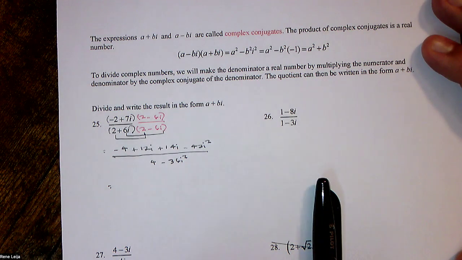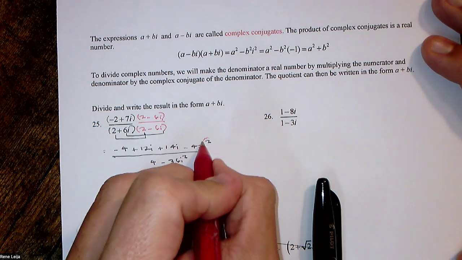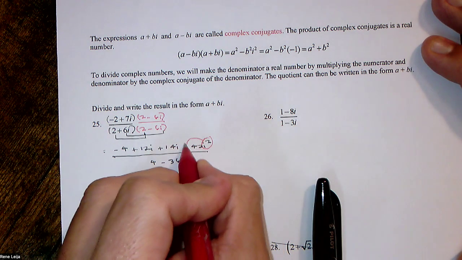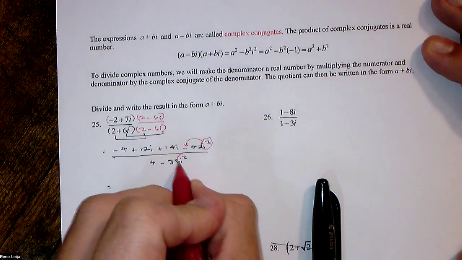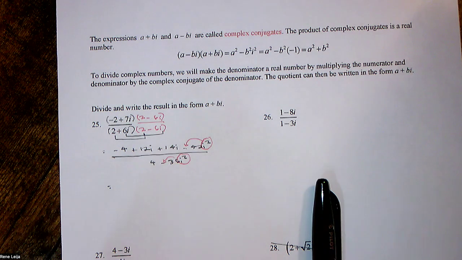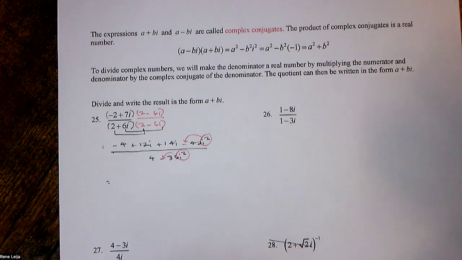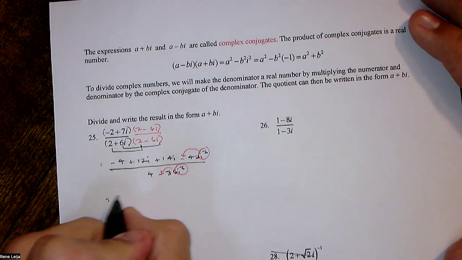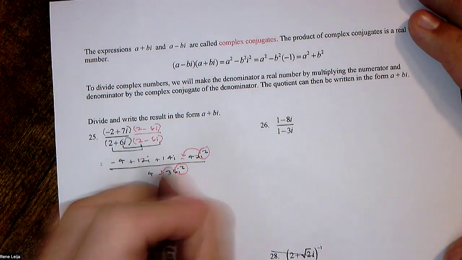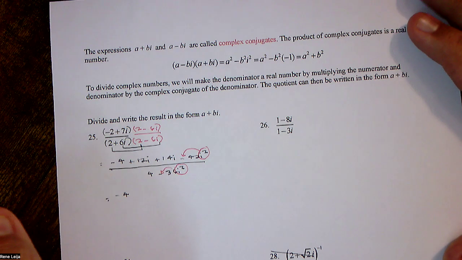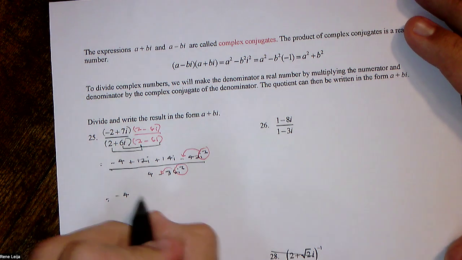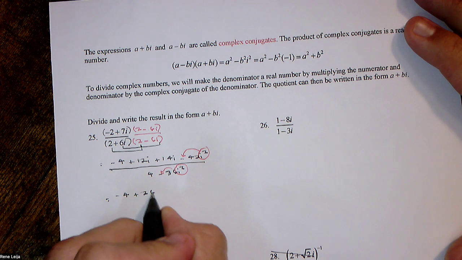Now remember what these i squareds do. They are going to change the signs in front. So in the top, we're going to have negative 4. I'm going to combine my two middle terms, so that's plus 26i.